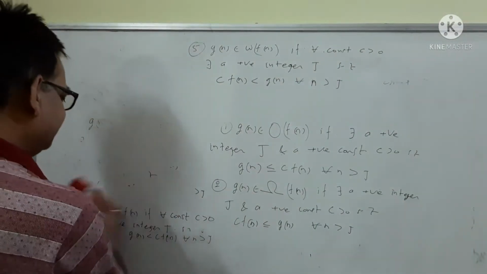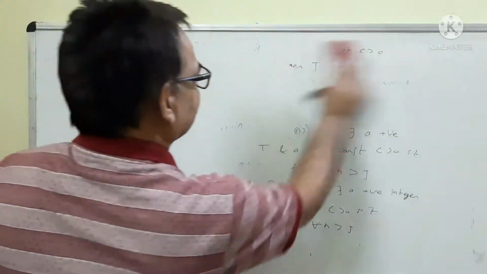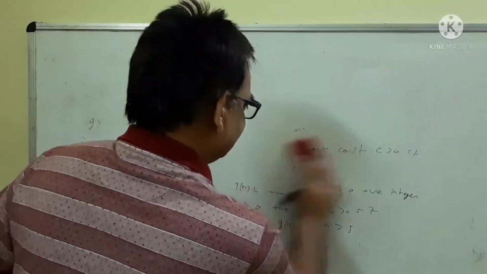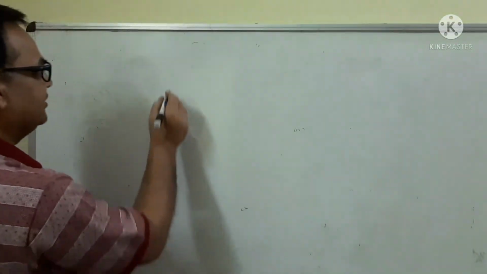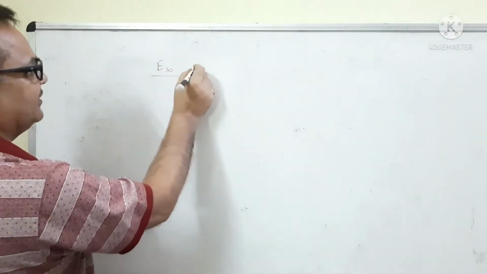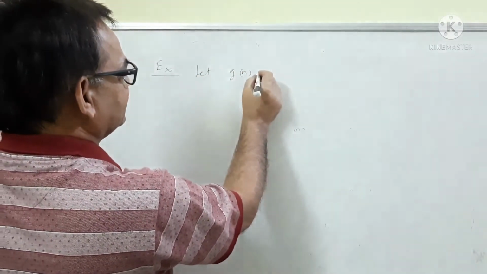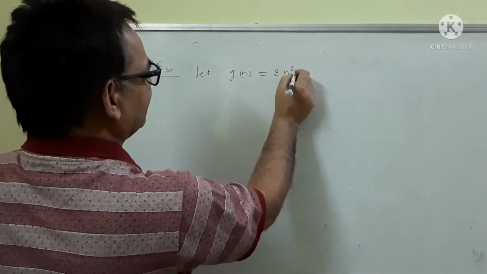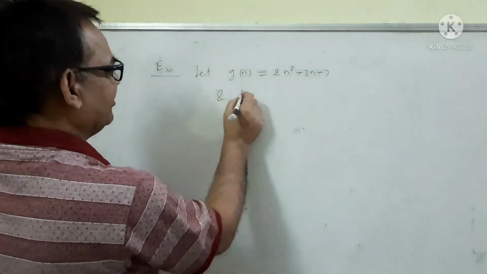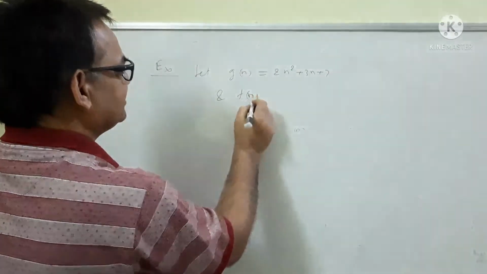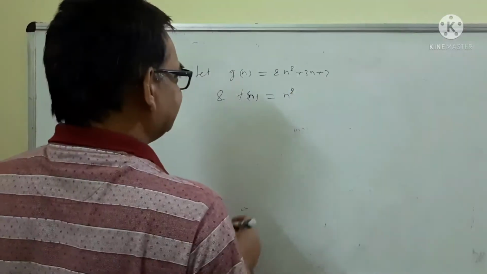Now example. Let Gn is equal to 2n square plus 3n plus 7 and Fn is equal to n square.